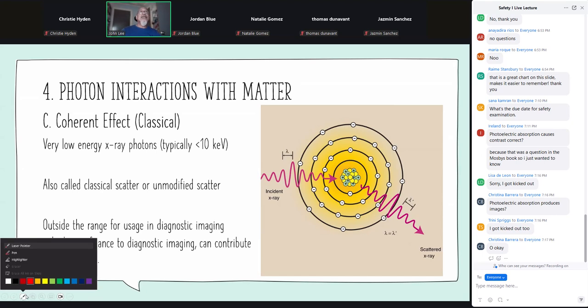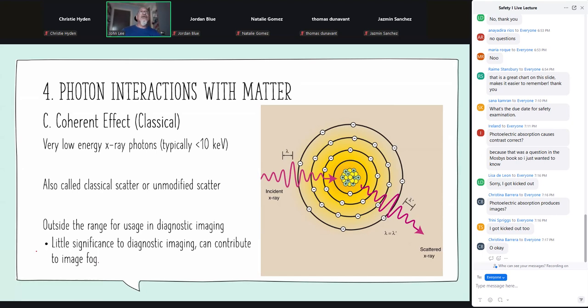Now, I said that coherent goes in all directions. If we have a plane down the center of this atom here at 90 degrees in relationship to the travel of our incident photon, scatter can go in any direction on this side of that axis line that I drew.